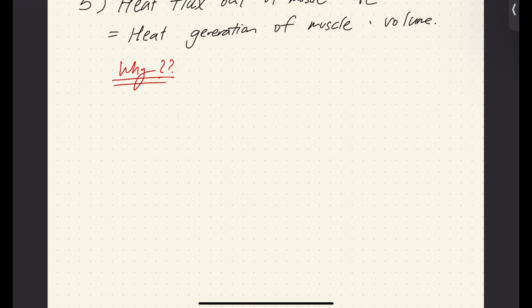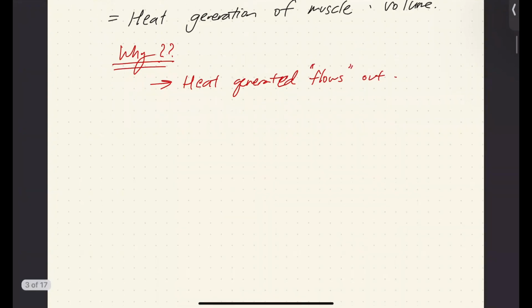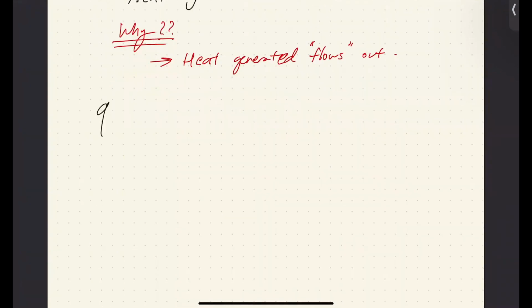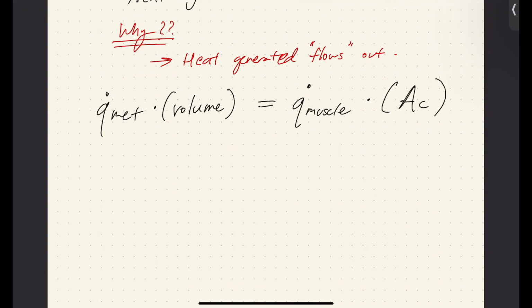So we have heat generated flows out. We know this. So that means we have our Q metabolism times our volume is equal to our Q muscle times cross-sectional area. Essentially, we're setting our big Q's equal to each other, okay?